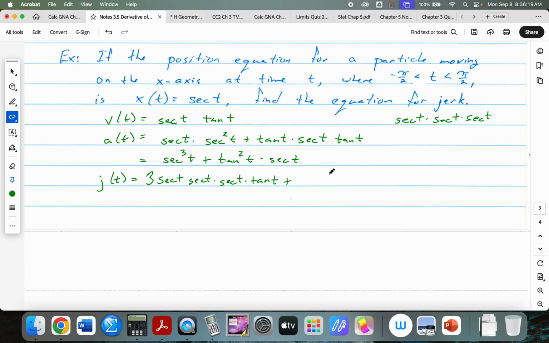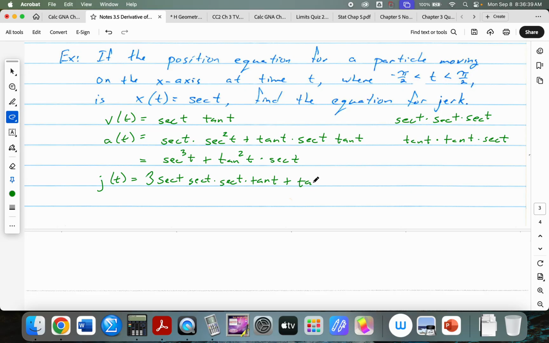Then we'll do the same thing with the tangent t times tangent t times secant of t. That one's not quite as easy because they're not all the same. So keep the first two.